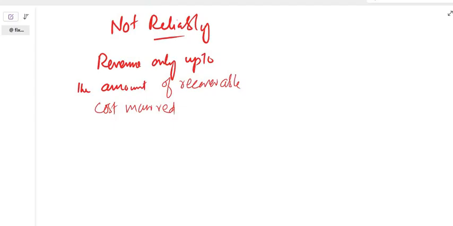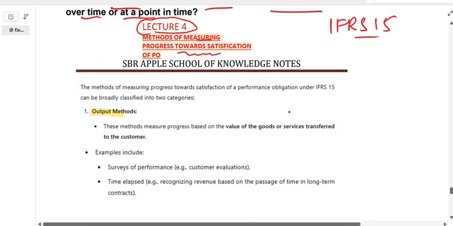So in case you are unable to measure the progress toward the satisfaction, then you recognize that cost which has been incurred but is also recoverable. So recoverable cost incurred should be recognized as revenue. Clear? Now let's check what we have written here.